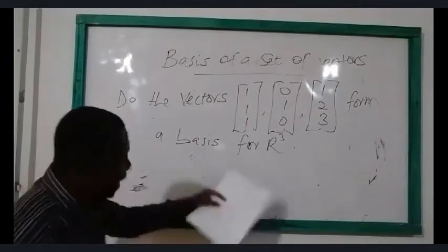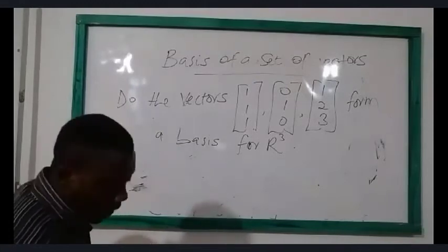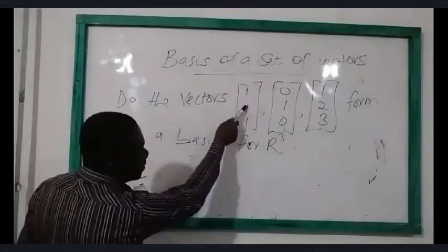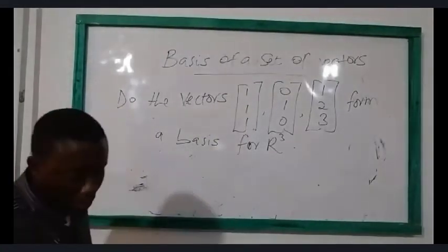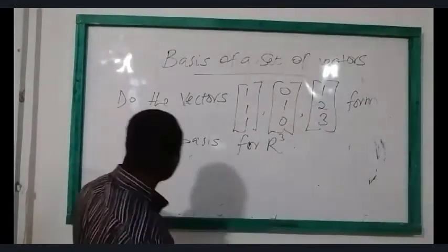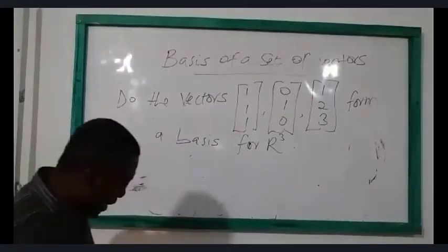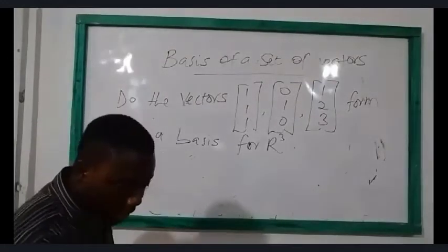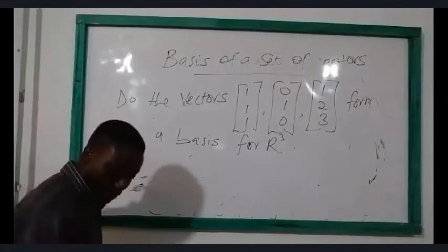The R3 is representing the dimension. You can see that it has X component, Y component, and Z component. So you can see that all the set of vectors are in R3. First, we are going to show that the set of vectors forms linearly what? Independent. So let's look at that.